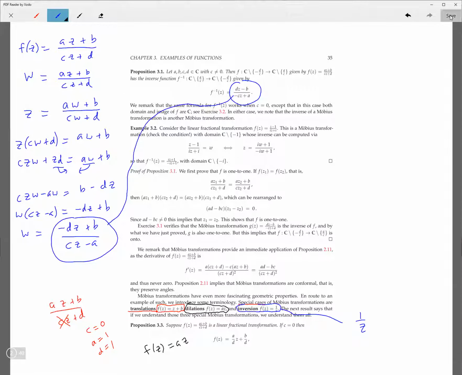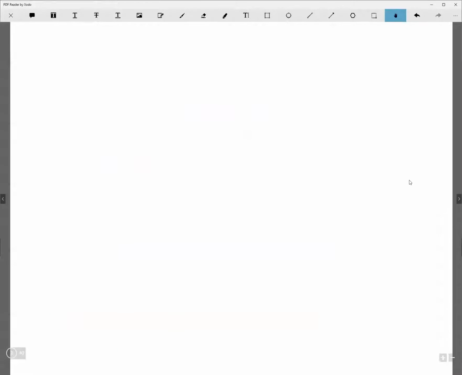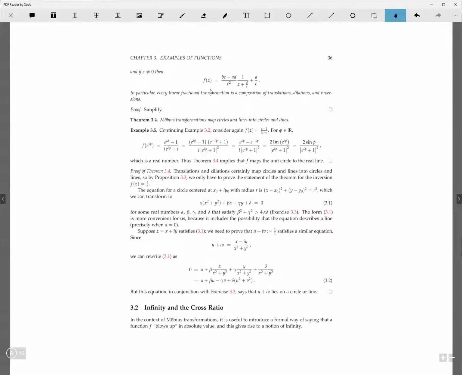And one reason why those 3 together are important is because any linear transformation can be written like this. This is basically an inversion, composed with a translation.